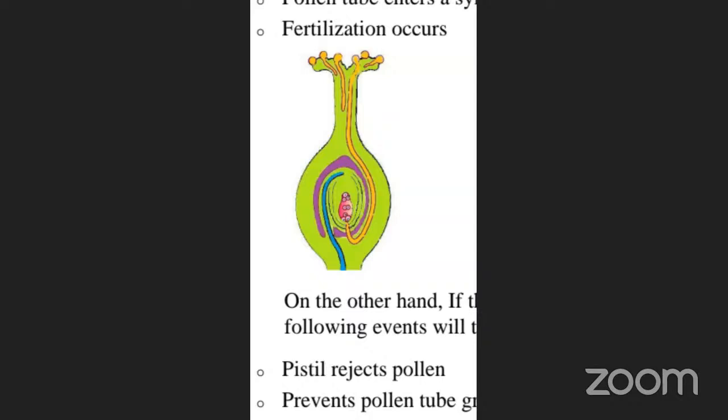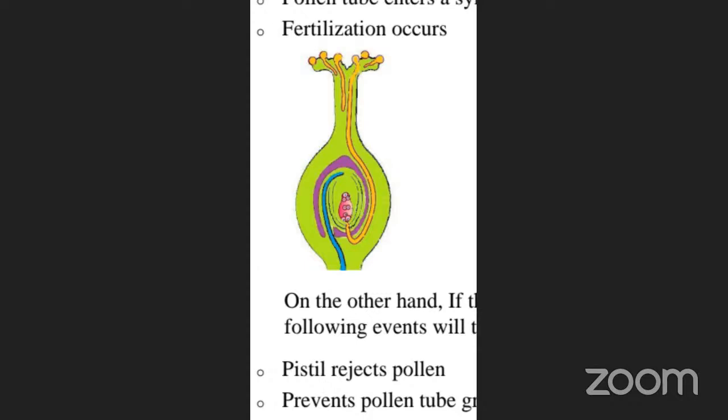The first sperm nucleus combines with the egg cell, and the other combines with the secondary nucleus to form the primary endosperm nucleus.